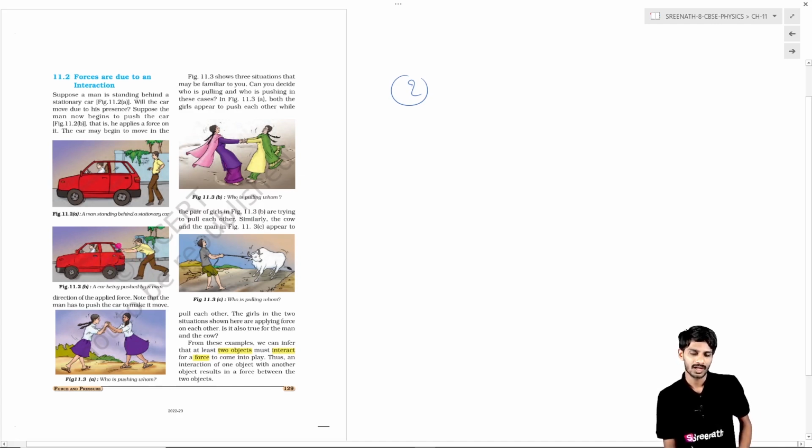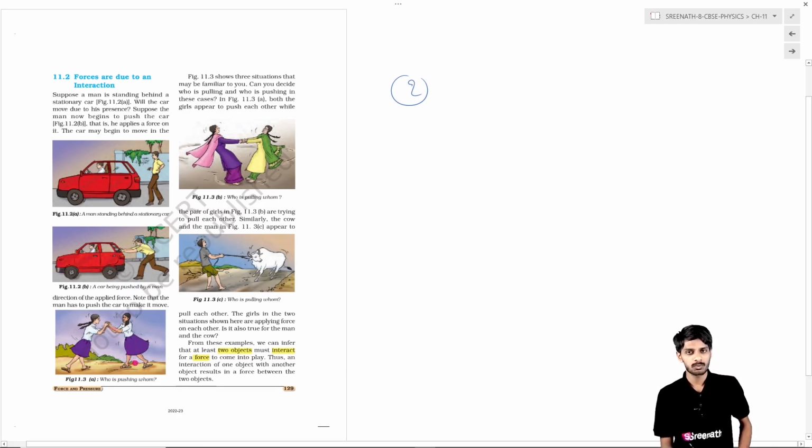Why? In this case, he is not touching the car, he is not interacting with the car. That's why it is not moving. But in this case, he is touching the car, interacting with the car, so he is pushing it, so it moved, because here he applied some pushing force. In this figure, two girls are there.